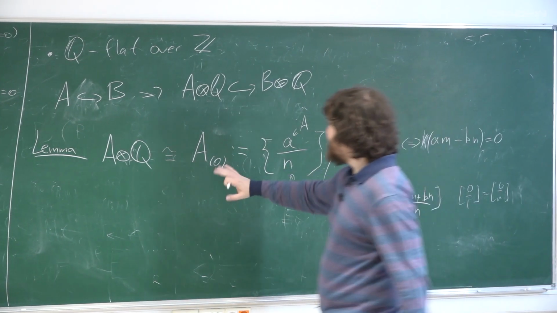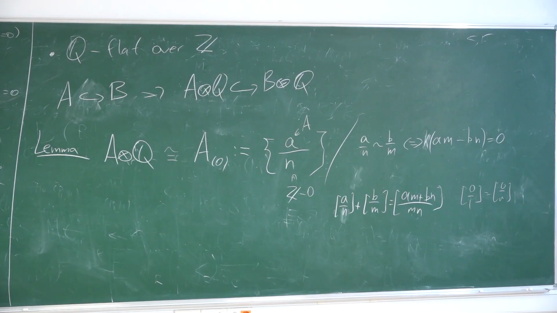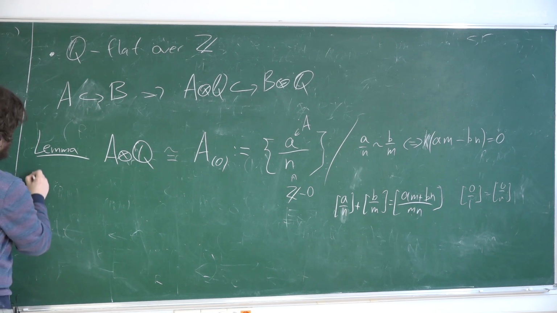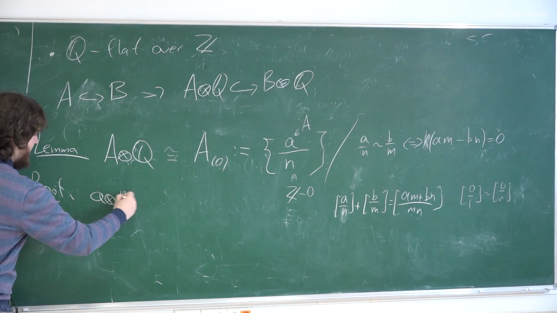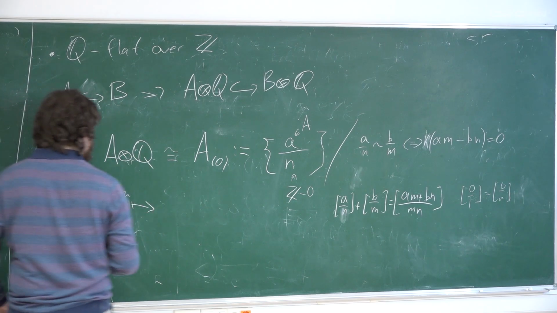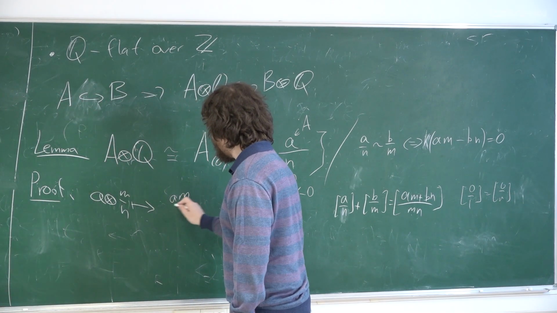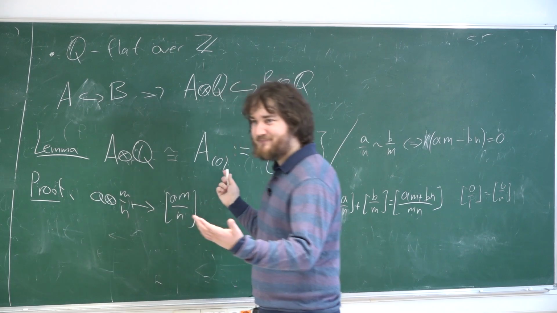Okay, let's check that these are isomorphic abelian groups. So if you check that on the right it's indeed an abelian group, then let's construct the isomorphism. The isomorphisms are very direct. In fact, the isomorphism takes a tensor 1/n to a/n.